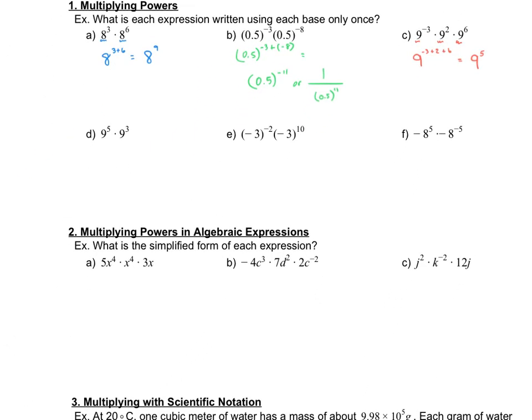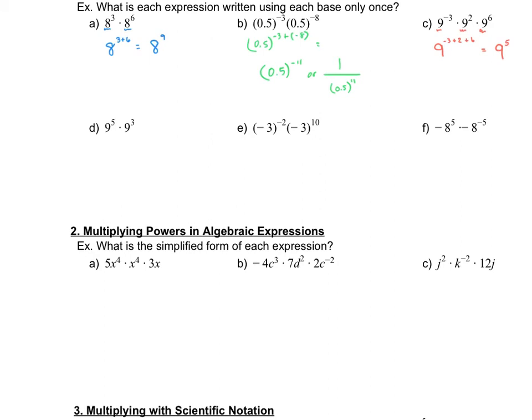Continuing on with my examples, I have 9 to the 5th times 9 to the 3rd, which is going to be 9 to the 5 plus 3, and that is going to be 9 to the 8th power. Then negative 3 to the negative 2 plus 10 power is going to be negative 3 to the 8th power.